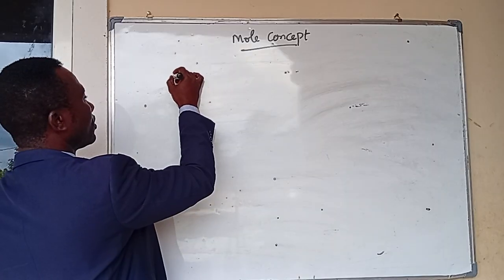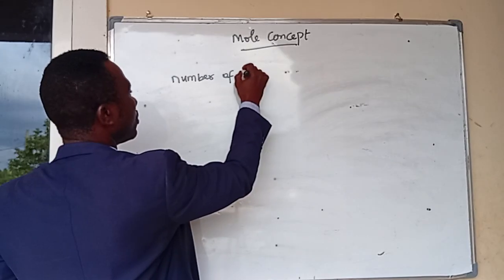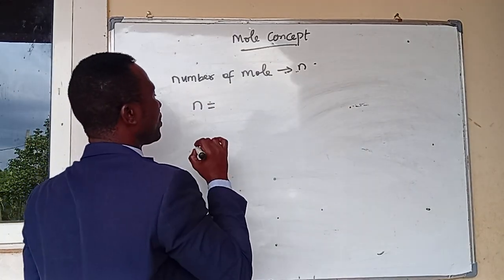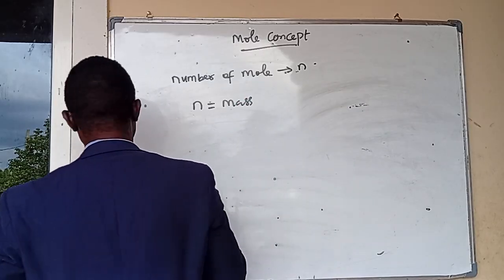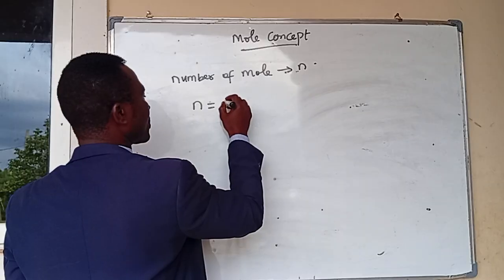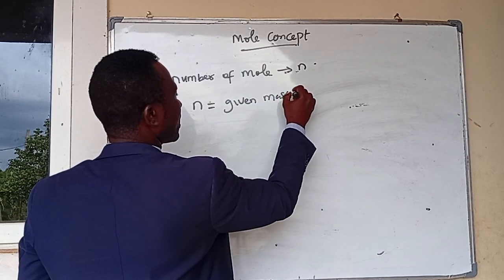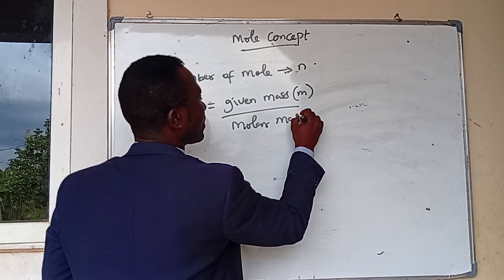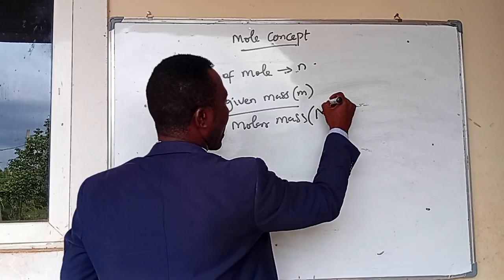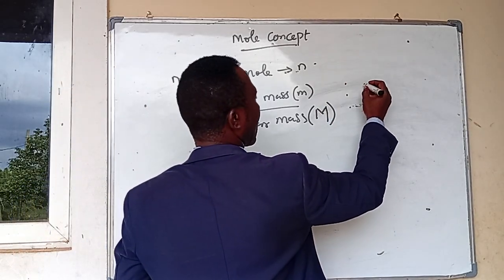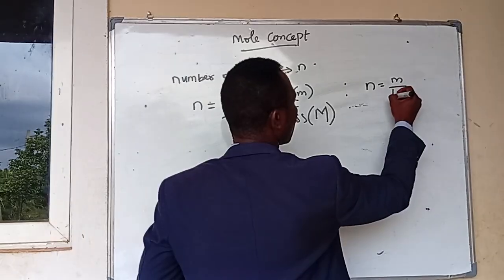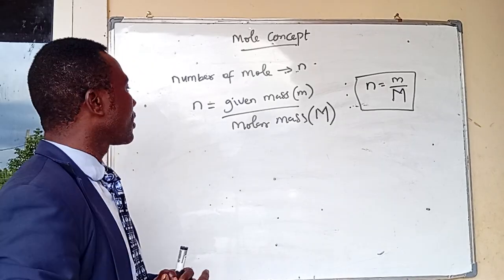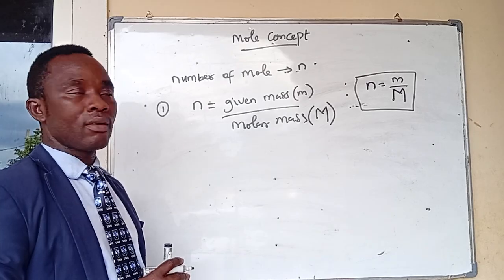One of them is that the number of moles, we will be using n to represent number of moles, can be given as given mass, small m, over molar mass, which we will be using capital M for. That is the first formula for number of moles.